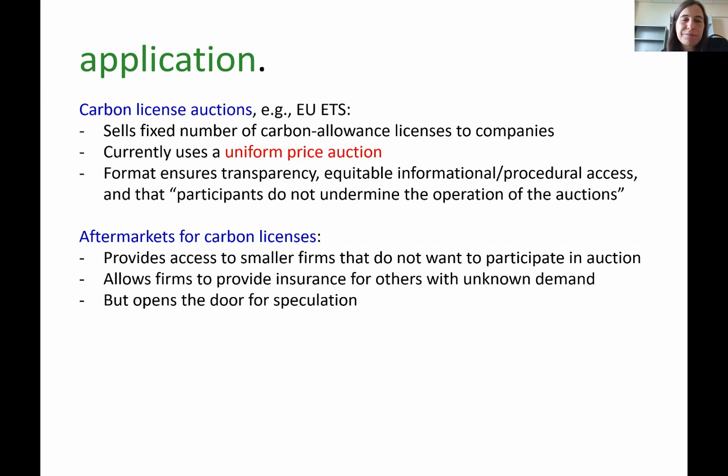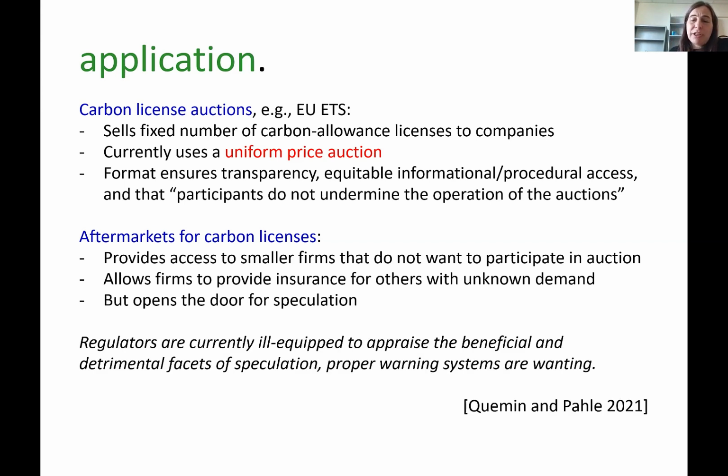So, these are good things about the aftermarkets, but of course, these aftermarkets open the door for speculation. And we read a paper by a European think tank, which noted that regulators are currently ill-equipped to appraise the beneficial and detrimental facets of speculation.